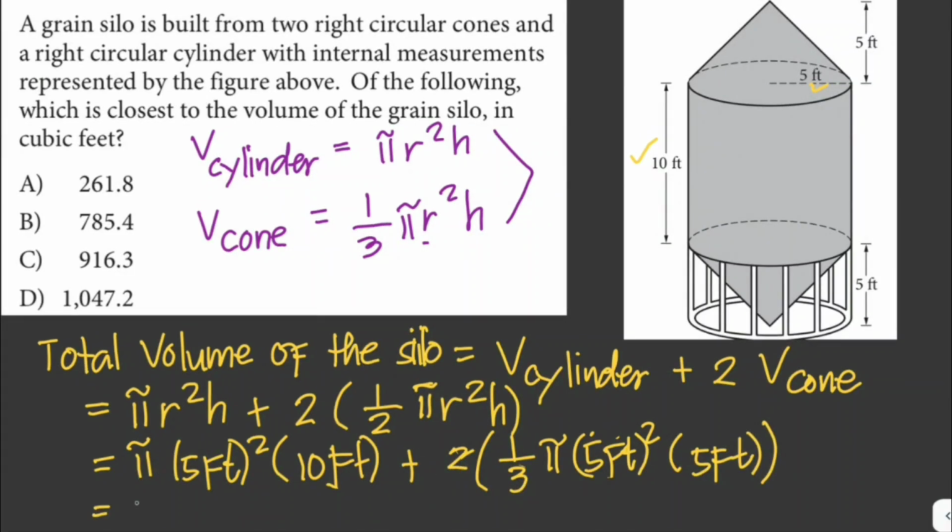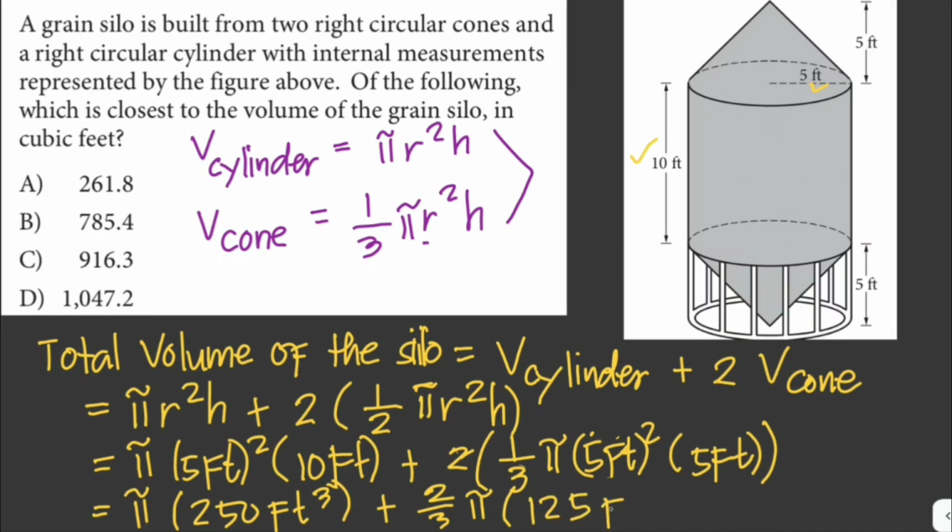Simplifying this, we have pi times 5 squared is 25, and 25 times 10 is 250 cubic feet, plus 2/3 pi times 5 squared, which is 25. 25 times 5 is 125 cubic feet.